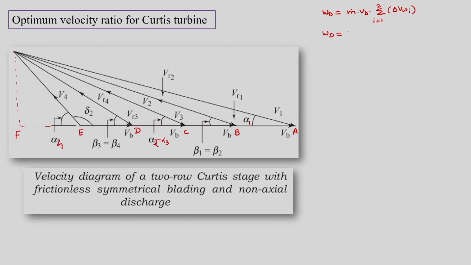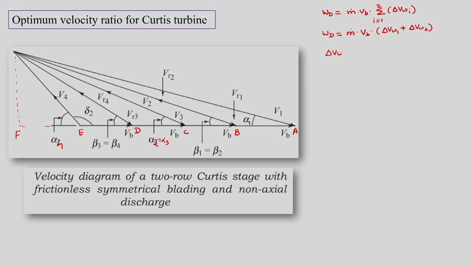So work done is equal to m dot into VB into delta VW1 plus delta VW2.